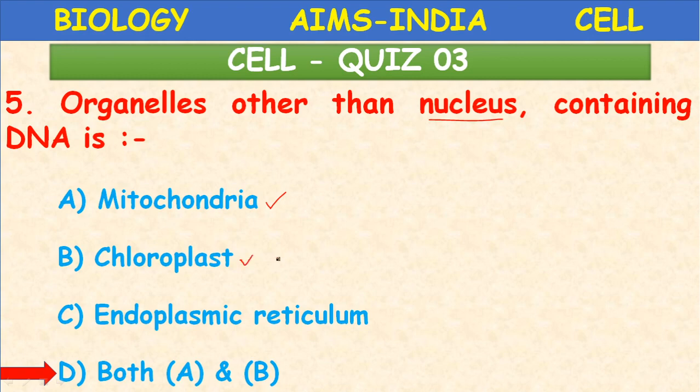The DNA present in the mitochondria is called mitochondrial DNA, and the DNA present in the chloroplast is chloroplast DNA. In animal cells also mitochondria contain DNA, but chloroplasts are absent in the animal cells. In plant cells, two organelles containing DNA other than nucleus are mitochondria and chloroplast.